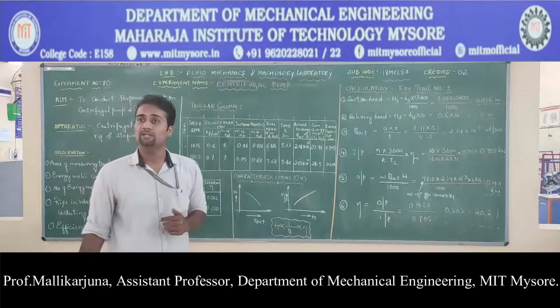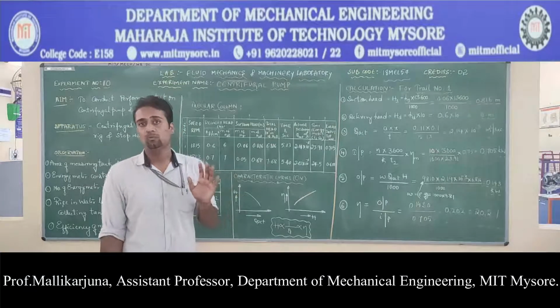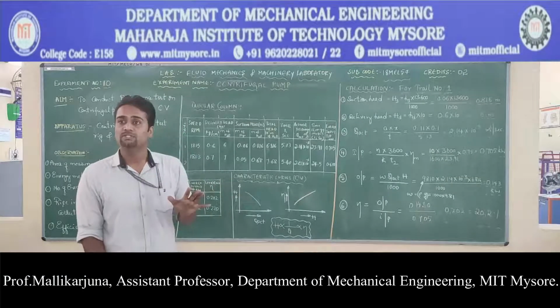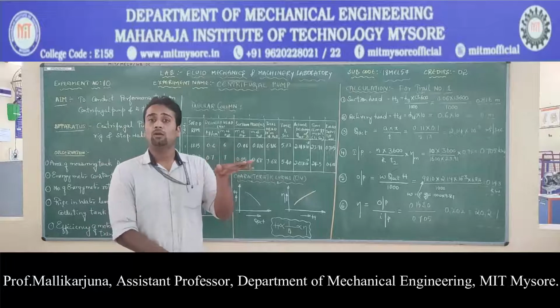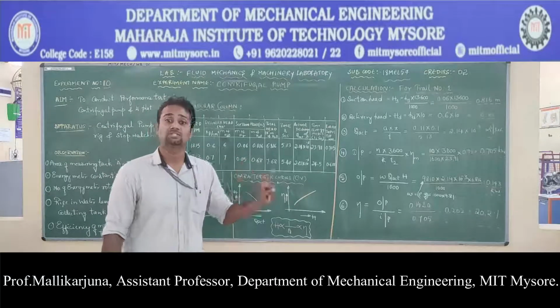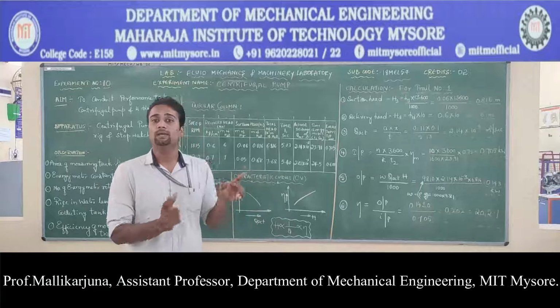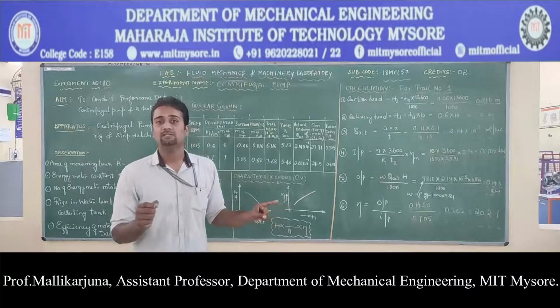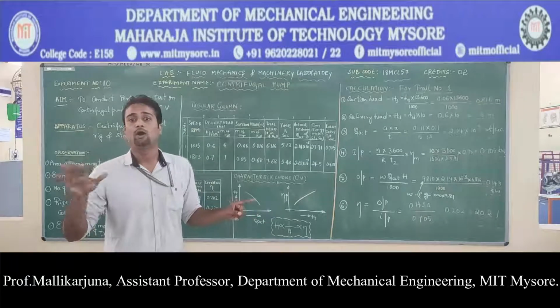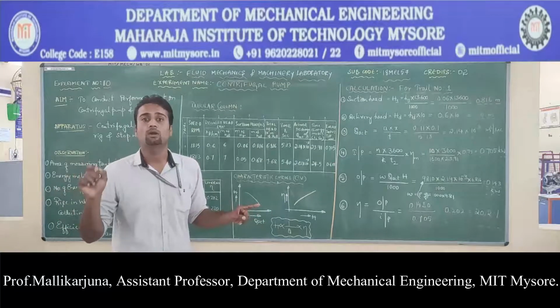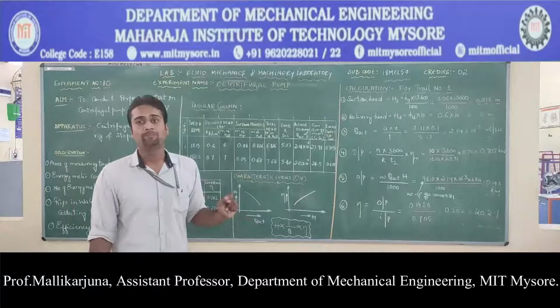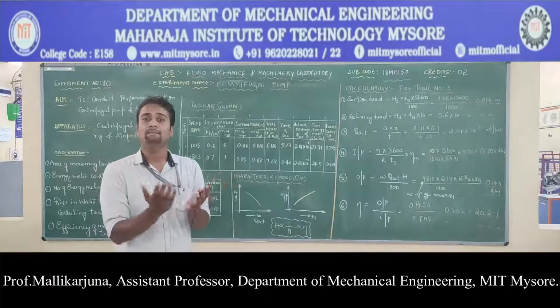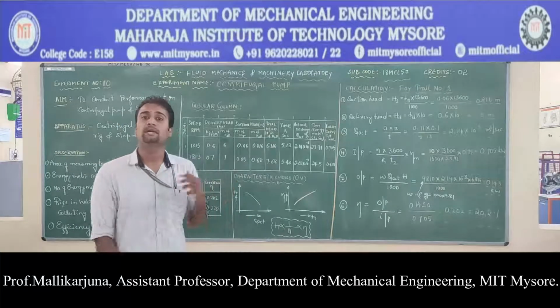How to avoid this cavitation? We need to be very careful while operating the pump. Very first thing is we need to make sure that the water level should be very high on the suction side. There should not be any disturbance for the water level on the suction side. Next thing is temperature should be optimum or very low. We should not raise the temperature. Next thing is the diameter of the impeller, which is also called the eye of the pump.